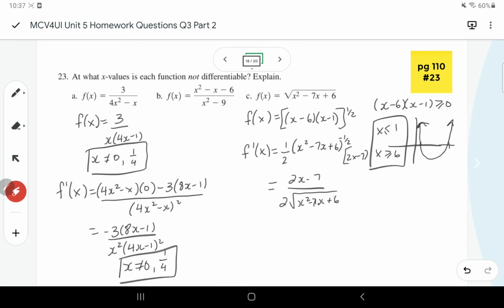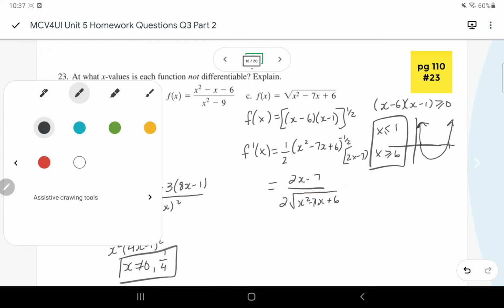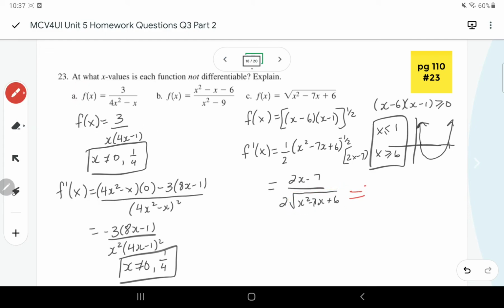So now I still want this stuff in the square root sign to be positive because I can't take the square root of a negative number, but I also cannot have this equal to 0 because now the square root is on the bottom. So the restrictions on the derivative are that x squared minus 7x plus 6 is greater than 0. Not equal because it's in the denominator.